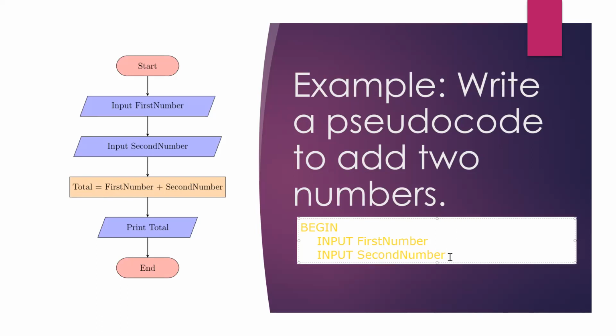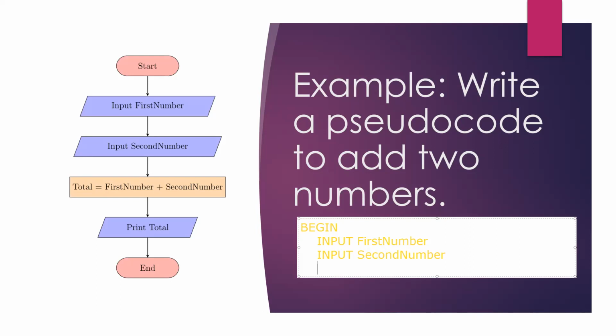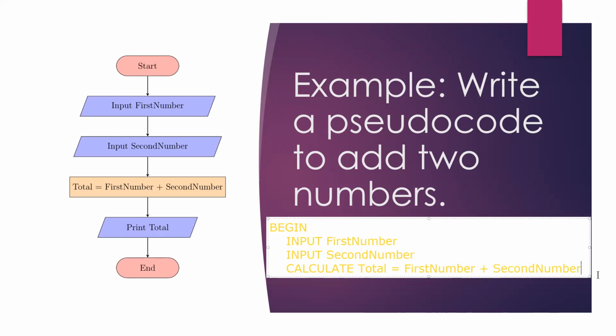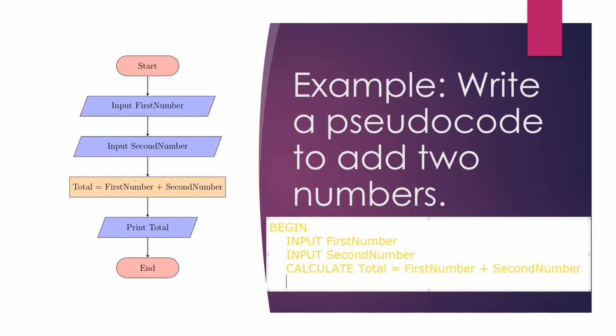So to indicate this is a process, you use calculate total equals first number plus second number, and at the end you are going to display.